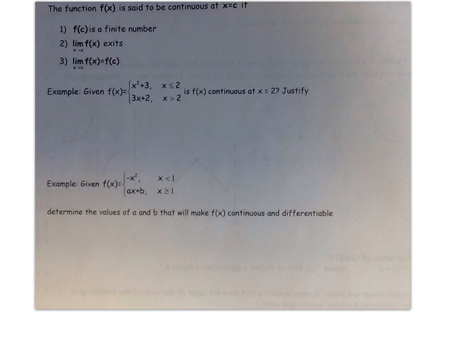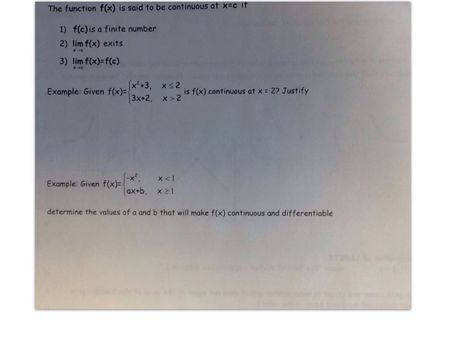Secondly, the limit as x approaches c of f of x exists. And third, the limit as x approaches c of that function f of x equals f of c. So there's a 3-part definition for continuity. That's on your note cards, and you need to be very familiar with that as you're preparing for the AP exam because you must show all 3 things in order to prove something is continuous.